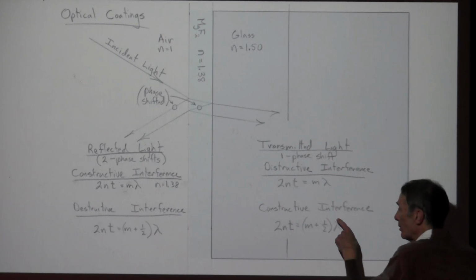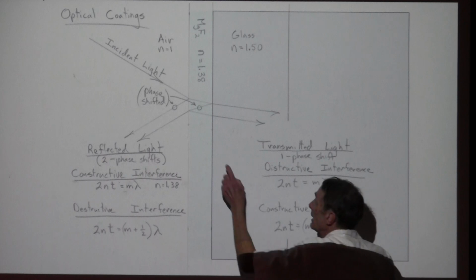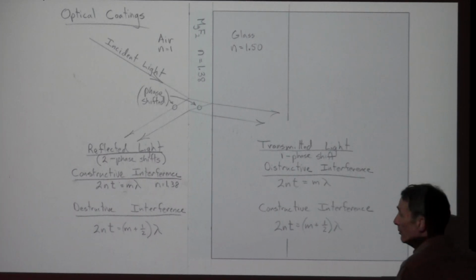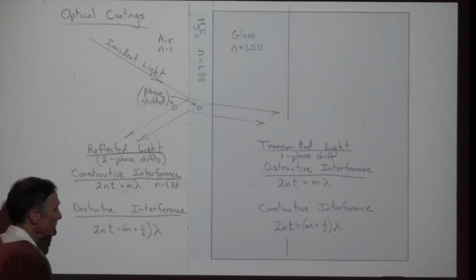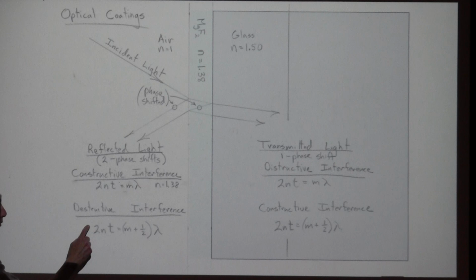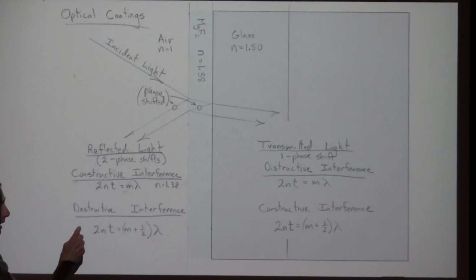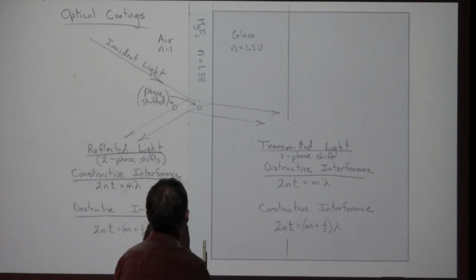Constructive interference would occur if we could kick in an additional half a wave in that path difference, in the 2nt. So you'll notice between these two, for transmitted, this is constructive, whereas for the reflected light, this was destructive, the same formula. But they're opposite effects, which makes some sense. If the light gets through this way, it clearly didn't come back this way.